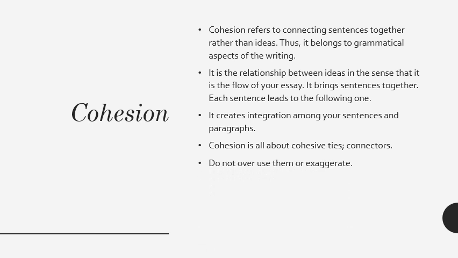Do not overuse them or exaggerate in using cohesive ties or connectors. And by the way, we have some types of cohesive elements. We have ties to connect sentences together, and that's what we call sentence level. And we have some other connectors to connect paragraphs together, and that's what we call paragraph level.